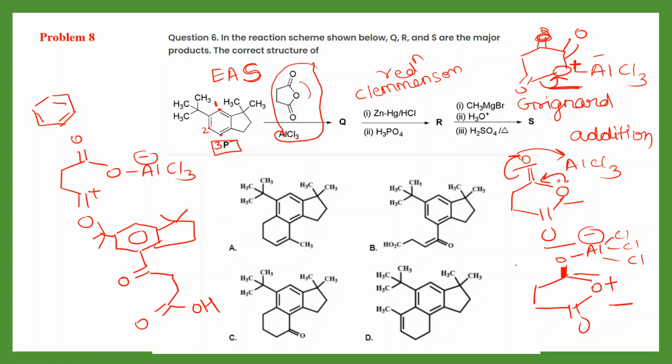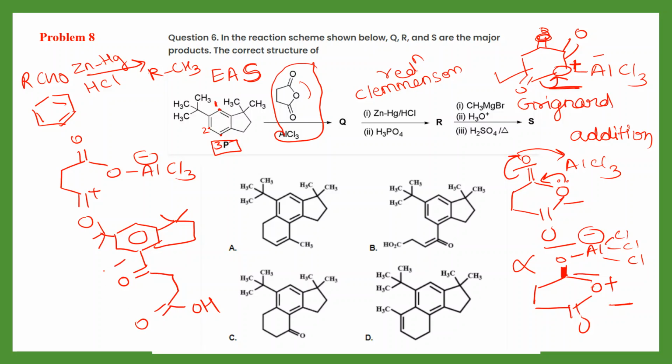You understood now why this is wrong? Just draw and ask yourself which is more appropriate. So as Jayashree told, this is more appropriate and she was right here. So now what reaction is there? Clemmensen reduction. You should have sound knowledge of all these reagents, right? Zinc amalgam, HCl, forms alkane, RCH3.